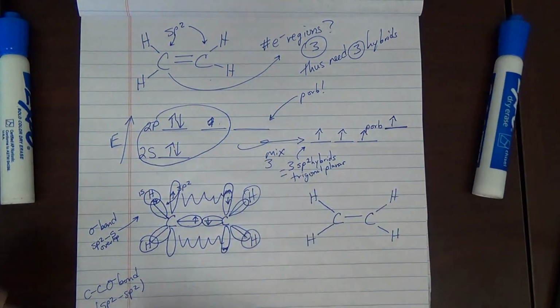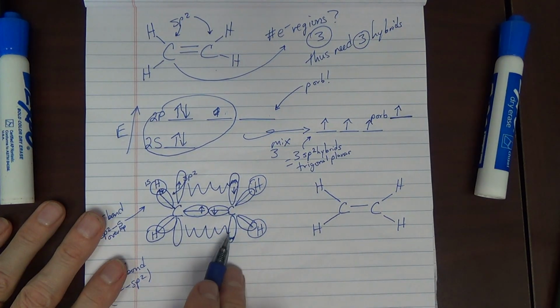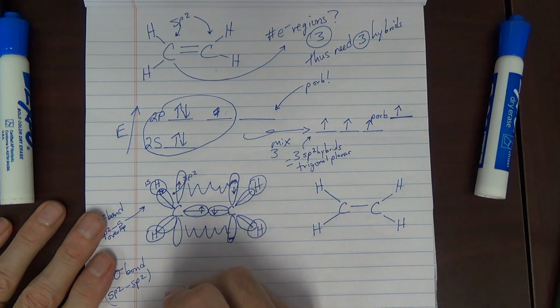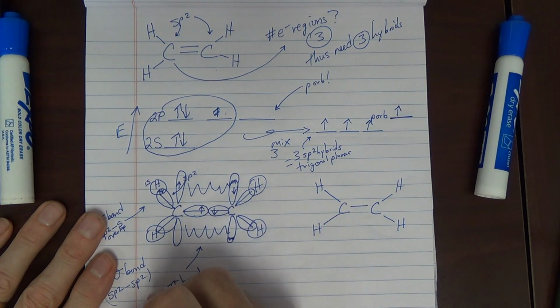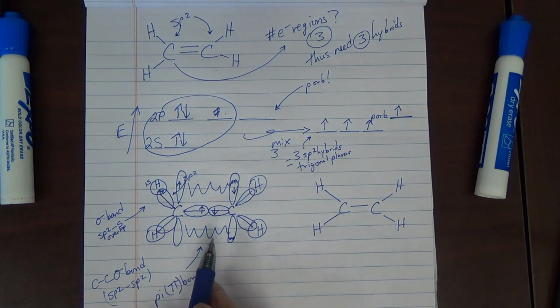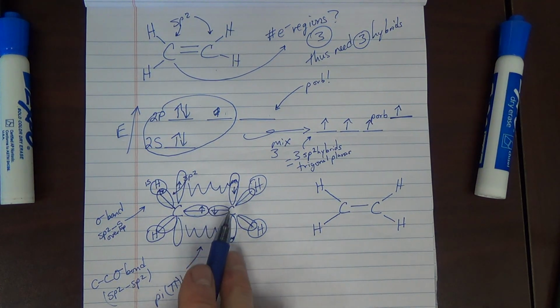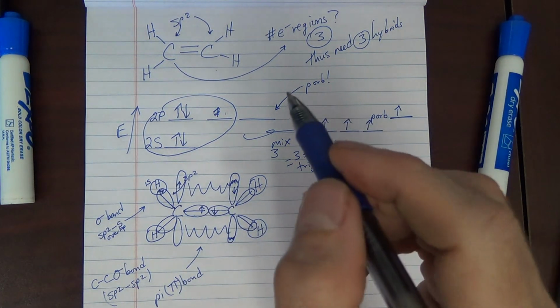And the side-to-side bond, orbitals interacting side to side to make a bond, is called a pi bond. Now this is only one bond, but we have electron density both above and below the plane. So even though I did two squigglies, that's just illustrating above and below the plane. That's one pi bond and one sigma bond.